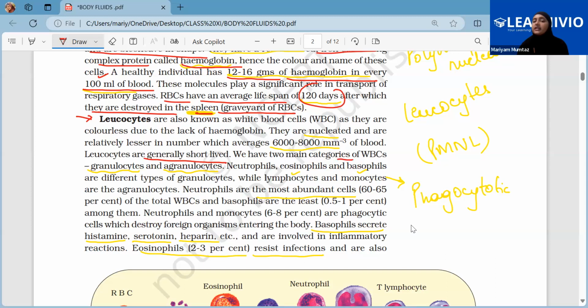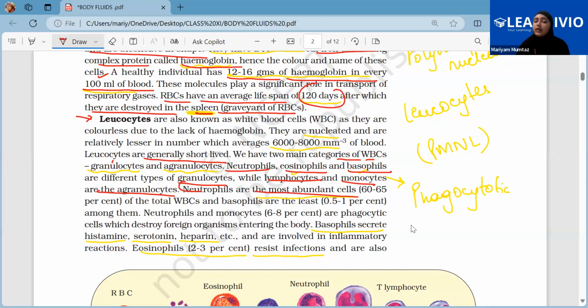We have two main categories of WBC, granulocytes and agranulocytes. Neutrophils, eosinophils, and basophils are the different types of granulocytes, while lymphocytes and monocytes are agranulocytes.